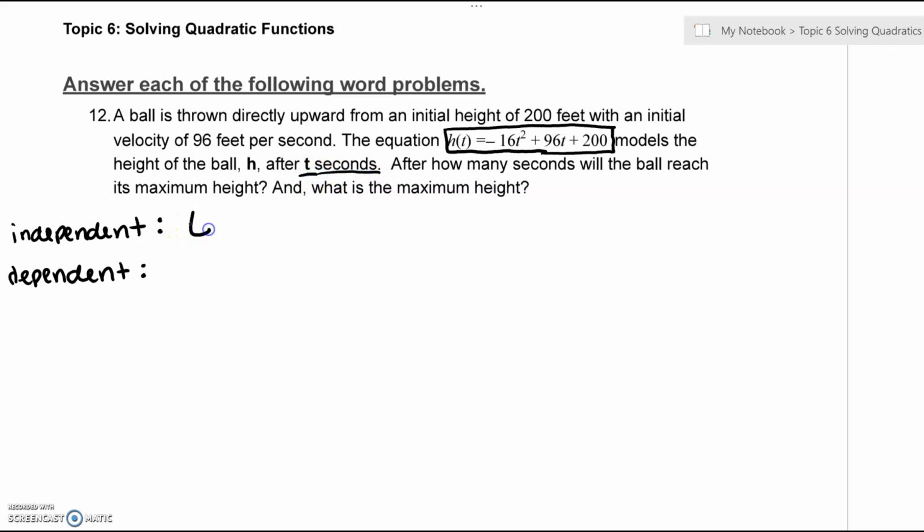So t is our independent variable, and it's going to represent seconds. And it also tells us to use h, and that h is going to be the height of the ball. So h is going to be our dependent variable, and that will be the height, and that's going to be measured in feet. Okay, so now we can move to drawing our picture.